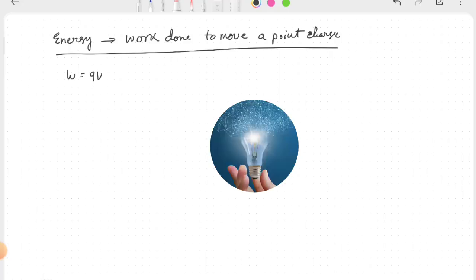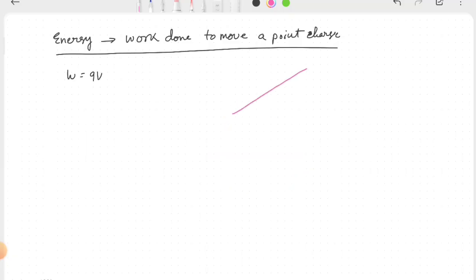If I take this point, that is r equals infinity, at that point V of A, the potential, is 0, and r equals B is the point where the potential is VB.